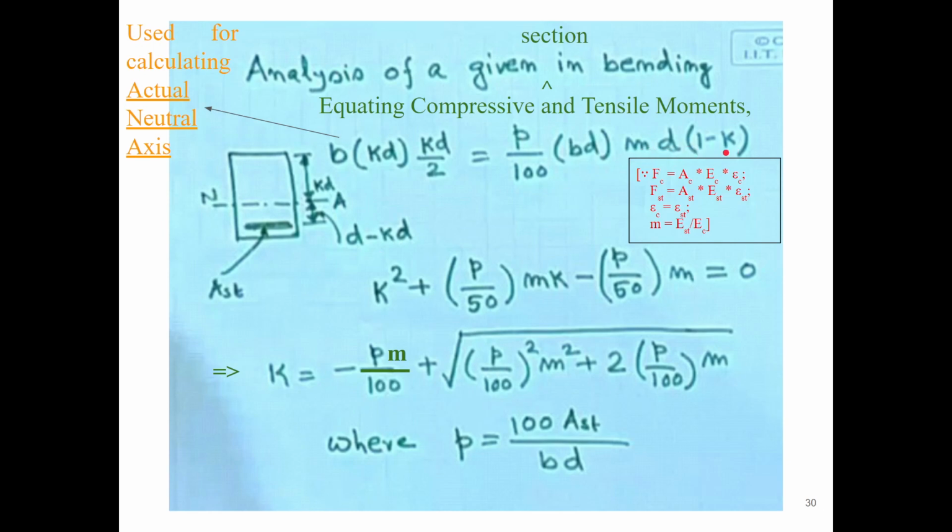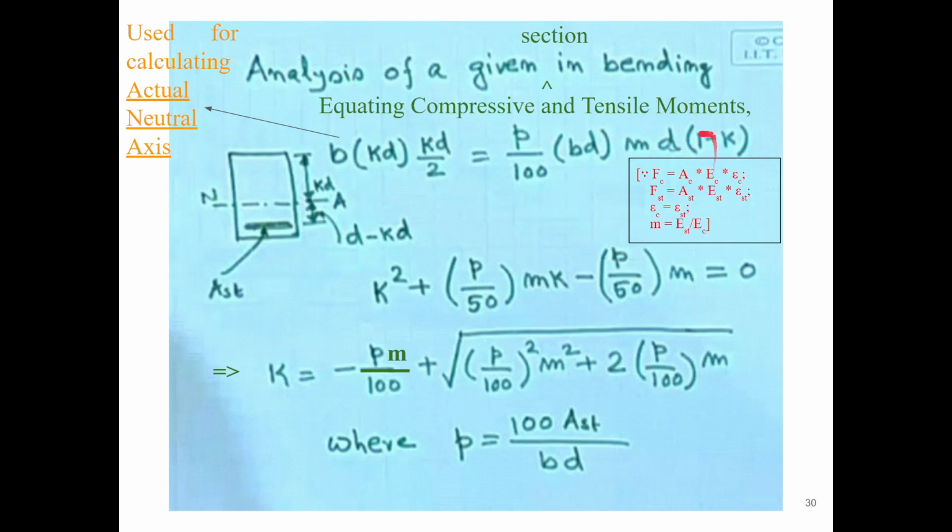It is the distance from the center of compression force to the neutral axis in both cases. So for compressive moment it will be force into this distance, which is kd by 2, and for tensile moment it will be force into this distance, which is d into 1 minus k, or d minus x.